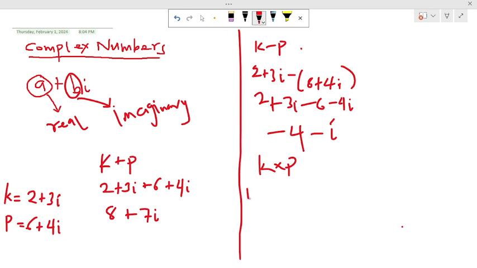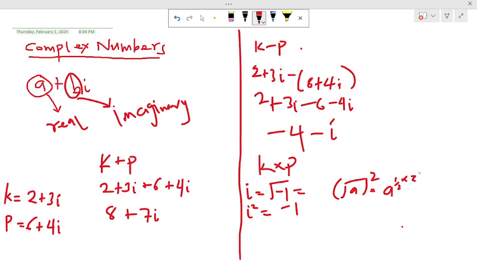We know that i is equal to the square root of negative 1, and so i squared will be equal to negative 1, because when you square a square root, for example the square root of a, which is a to the power half, you get a to the power half times 2.